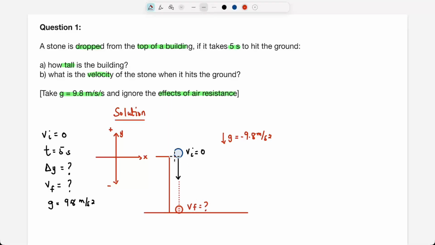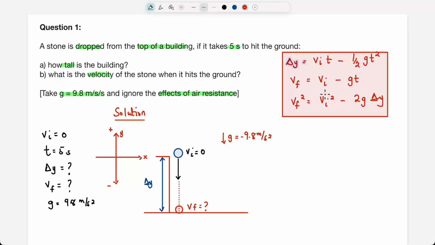And from the second part of the problem, we need to determine that. So we have delta y, which is the vertical height. We know the initial speed. We don't know the final speed with which this ball is going to hit the ground. And also, we know the acceleration due to gravity. So this is a purely kinematics problem. We are going to apply these equations to solve this problem.